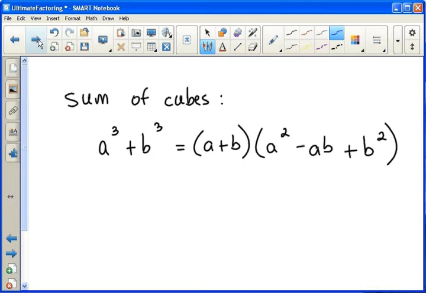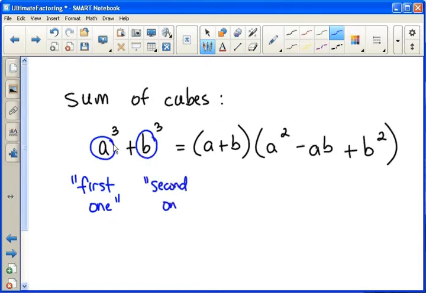So if we call a the first one, and just a, I'm not talking about a cubed, just a, we can call that the first one. We can call b the second one. Then we use the same rhyme that I used in the previous lesson with difference of cubes. Actually, the exact same one works.